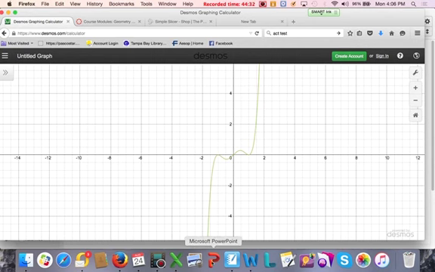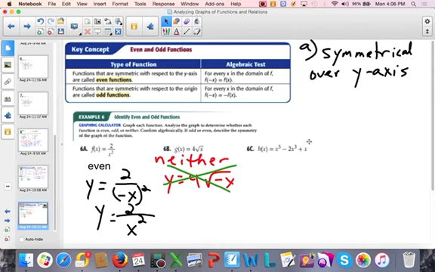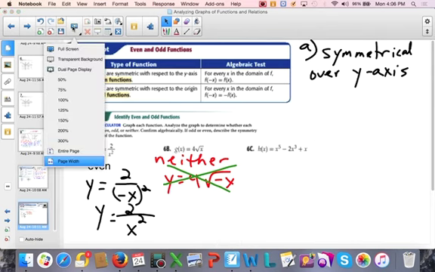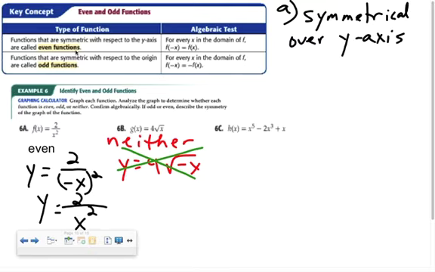Okay, so let's check that algebraically. So I'm going to write down odd with a question mark because I haven't verified it algebraically yet. So if I plug in negative x for x, in order for it to be odd, I should end up with the exact opposite of my original function.